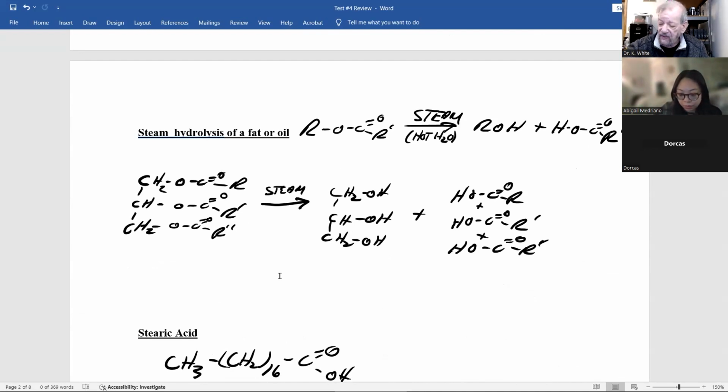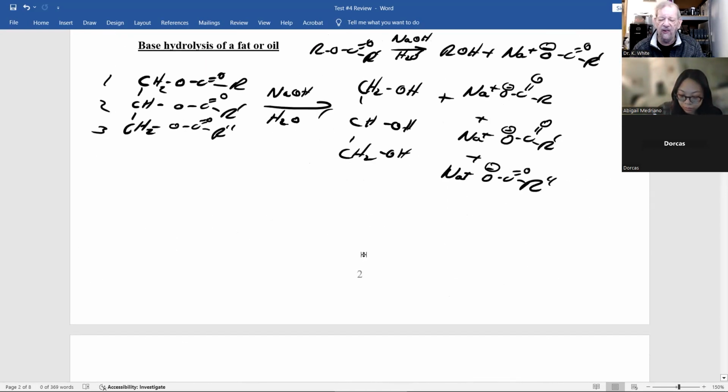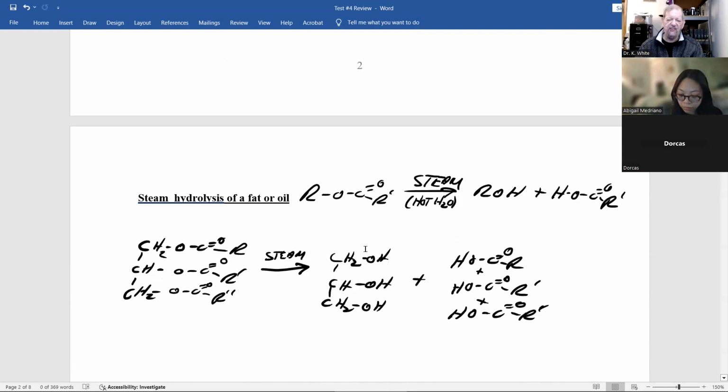Now, something different that I didn't talk about for test 3. And that's, how do you make a reaction go faster? Well, one way is add a catalyst, like acid or base, which is what we've done up here. The other way is, for a lot of reactions, run it at a hotter temperature. There's a rule of thumb, see it's on this thumb, that for every 10 degrees C, for most reactions, the reaction rate doubles. So if you react the ester with steam, which is very, very hot water, this is the same as acid hydrolysis of an ester.